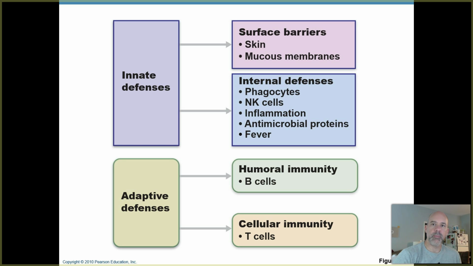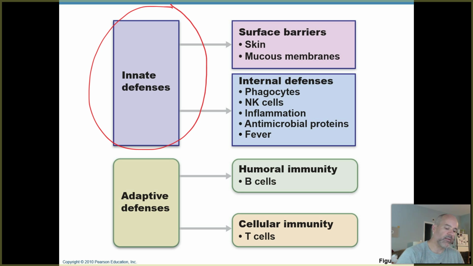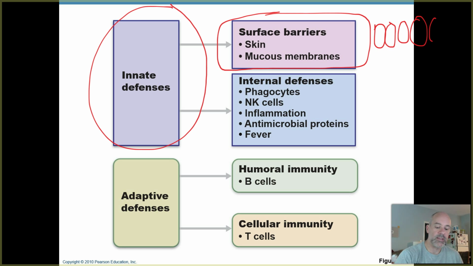All right, so what are some of the components of these two branches of your immune system? So here you see the innate defenses, and again, these are the things that you're born with. And part of your innate defenses are just those surface barriers. And so when you studied the skin in Biology 201, you learned how the skin, the epidermis, and other epithelial tissues in your body have tightly packed together cells.